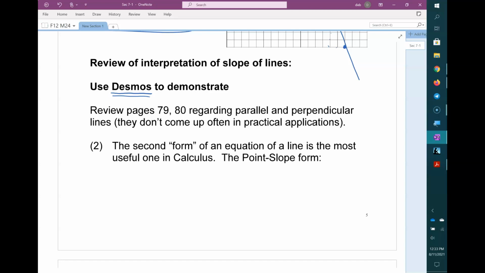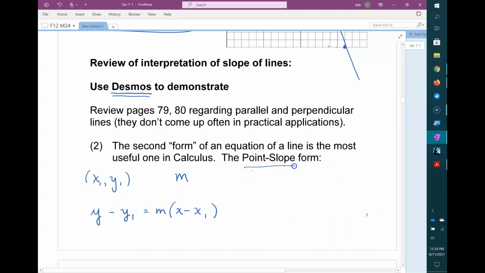So the second form of an equation of a line is the most useful one in calculus. It's called the point-slope form. It says if I know one point that's on the line and I know the slope, then I can write y minus y1 equals m times, in parentheses, x minus x1.